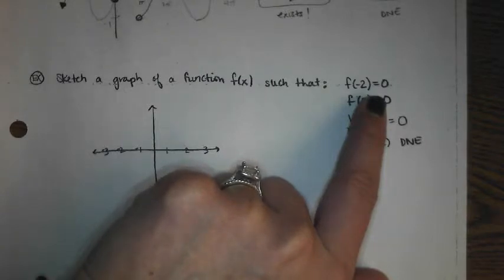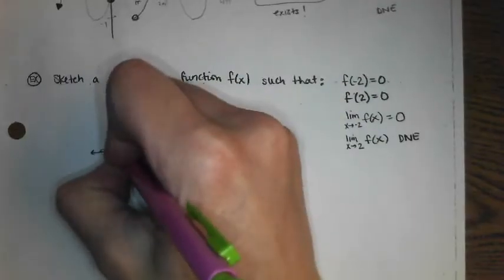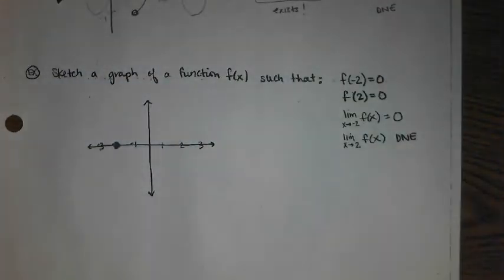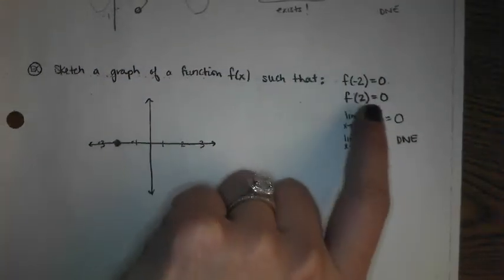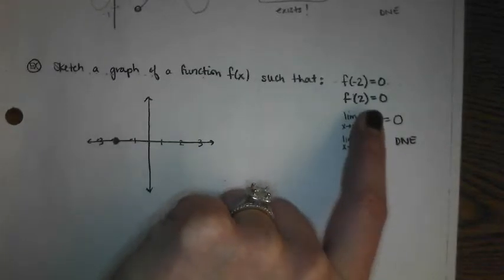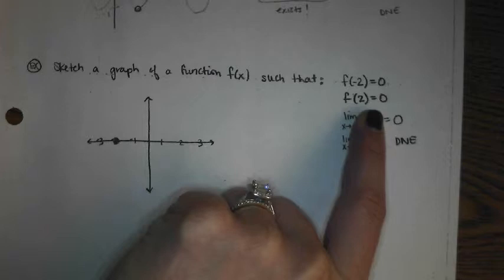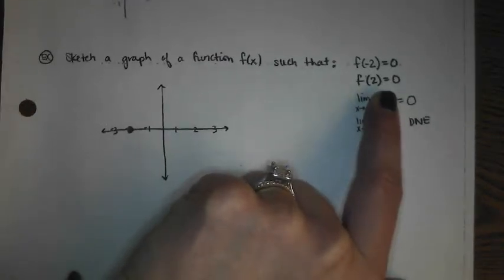Sarah? Okay, perfect. So whatever our function is, it has to go through that. Okay? Next piece. f of 2 has to equal 0. So Bailey, where would that show up on your graph? 2, 0, good.